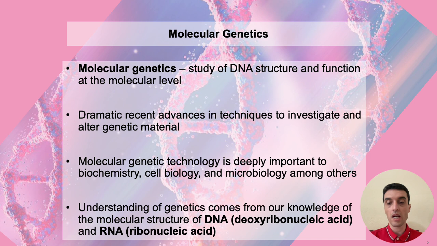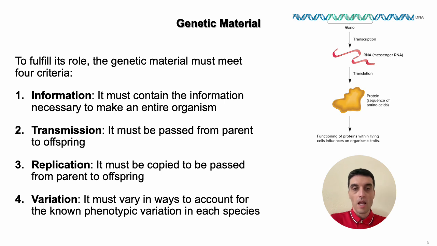And everything comes from the knowledge of the molecular structure of DNA, or deoxyribonucleic acid, or RNA, that's ribonucleic acid. And to fulfill its role as the genetic material, every genetic material has to have these 4 points that we call the 4 criteria.